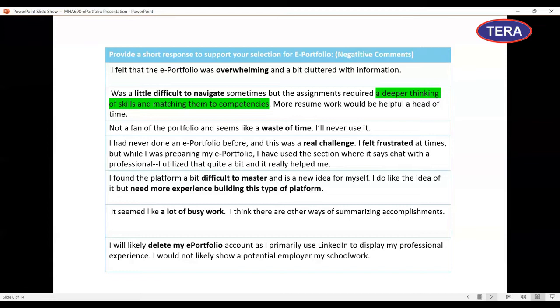It was a waste of time, a real challenge. I felt frustrated, difficult to master. I need more experience building this type of platform. It seemed like a lot of busy work. I would likely delete my e-portfolio.